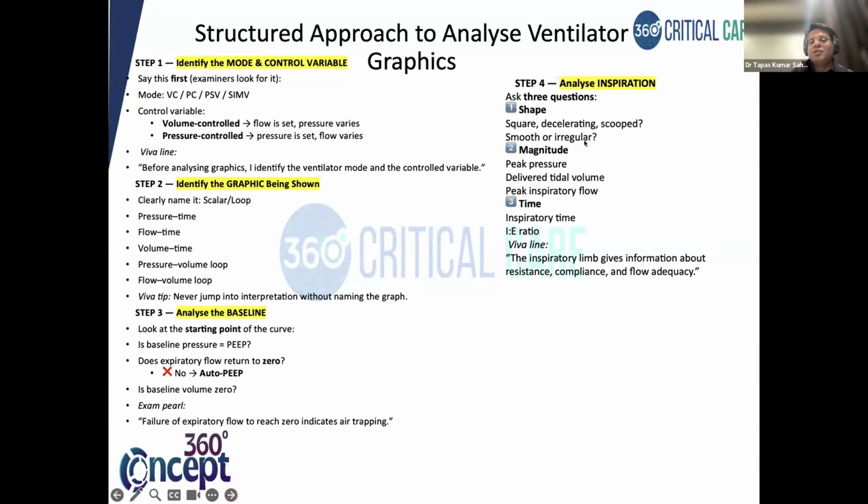I have shown you a few of the images that would be guiding you. You will be getting some of the troubleshooting there. Magnitude: in the inspiration you will get the peak inspiratory pressure, the delivered tidal volume, the peak inspiratory flow, depending on whether you are dealing with the flow time, pressure time or volume time scalar. Now the third one is the time. In the time you will get the inspiratory time, the I:E ratio.